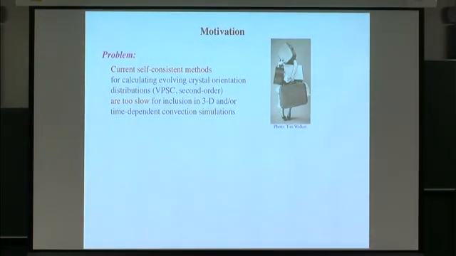Well, here's a bit of motivation for the problem. Self-consistent methods based on homogenization are widely used to model preferred crystal orientation in mantle rocks, but they're very heavy, they're too slow to use in the context of a convective simulation, for example.